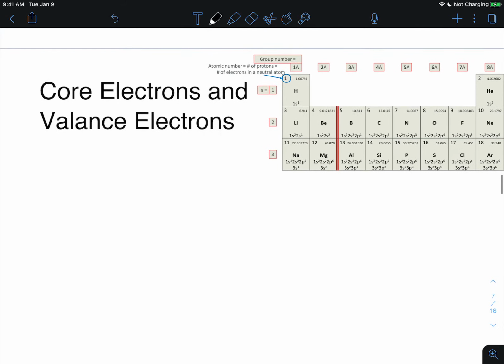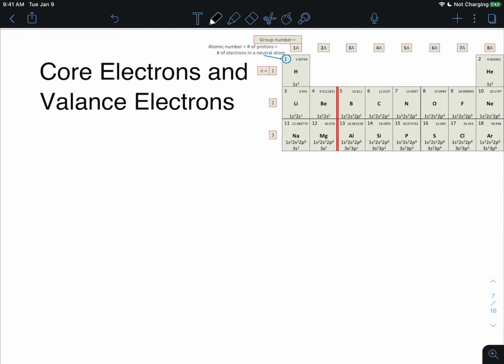Okay. Now, we have things that are called core electrons and valence electrons, which are going to be very different in terms of their chemistry. Core electrons are called inner shell electrons. And these are fairly inert. They're not really going to do anything.